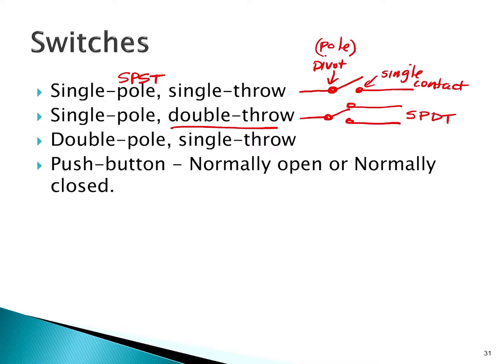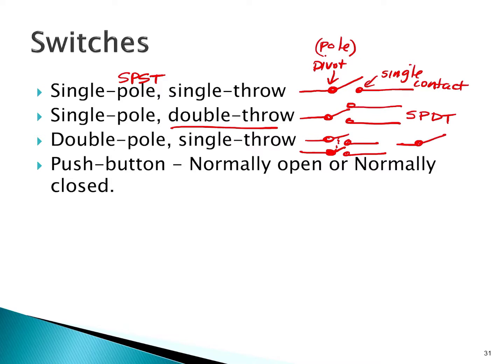Next one, of course, is double pole single throw, so it would be double pole with a single throw. That's where you can simultaneously operate two switches, or you can switch two circuits with a single throw of a switch. And so in this case you tend to see a dotted line here. So just let me show that again.